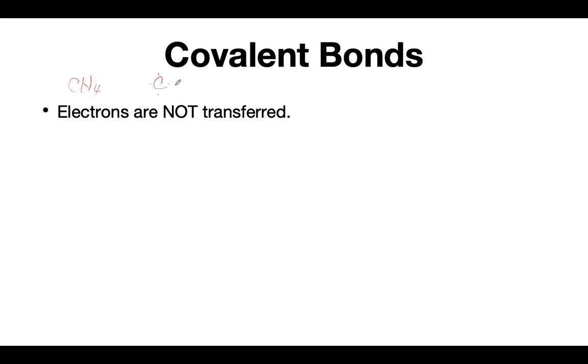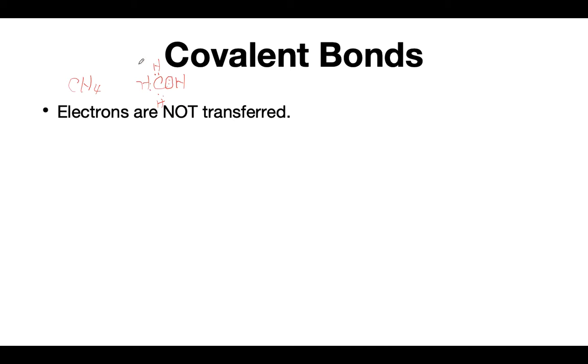So you have 4 hydrogens. Each hydrogen comes here to form the bond, and then this hydrogen. Let's focus on this pair of electrons. This pair of electrons belongs to both the carbon atom and the hydrogen atom, so there's no actual electron transfer.